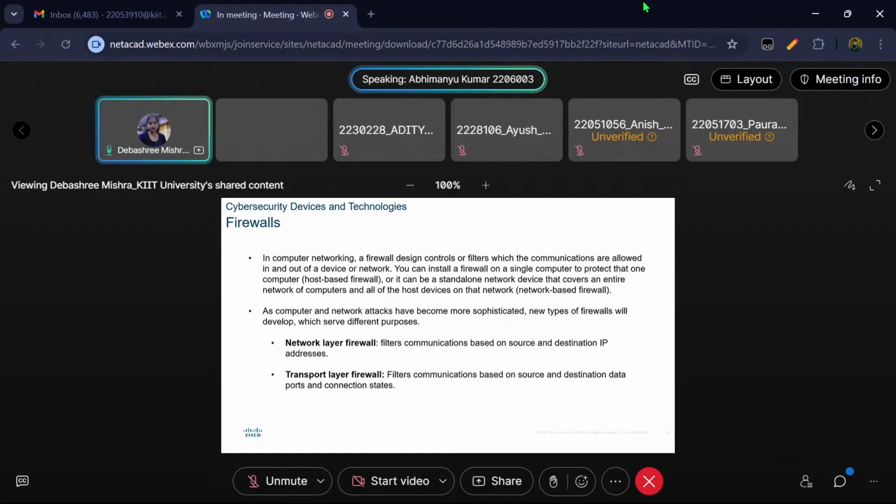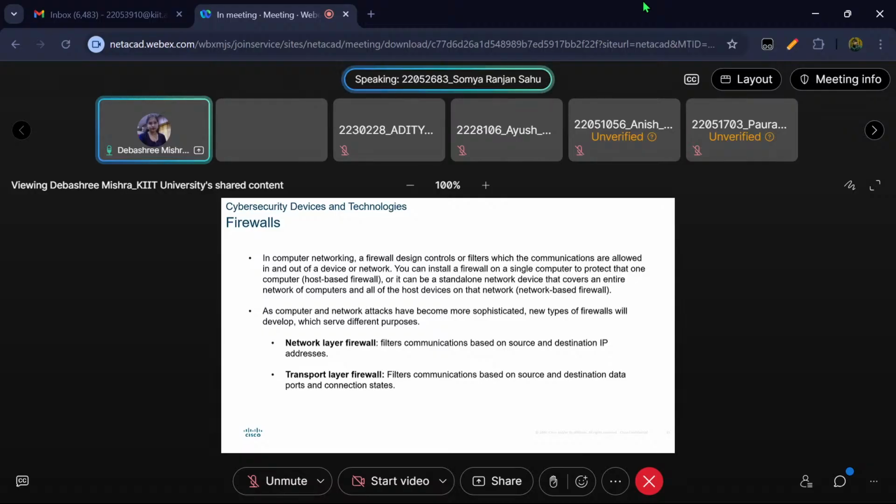Next is your firewall. We have already talked enough about the firewall. Suppose you want to protect your particular computer. For that, you need to install a firewall, which is a standalone network device that covers your entire network, so that it can give you an extra layer of protection.